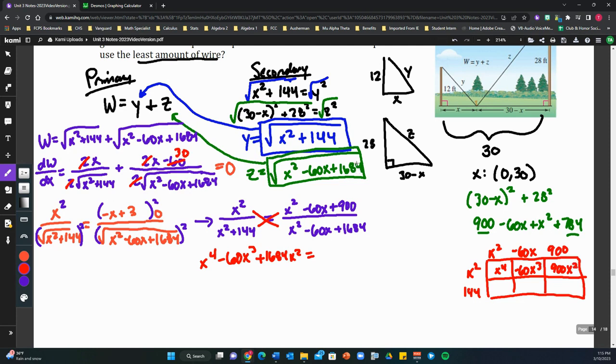That one was easy. And then on the bottom, we get 144x squared. Let's see, that is negative 8,640x. And then this guy is 129,600. Again, I didn't do that in my head.